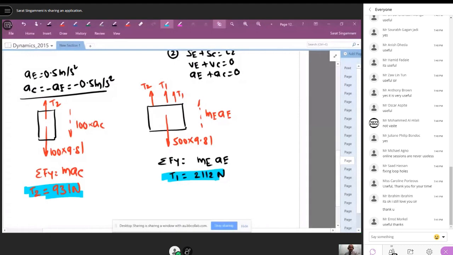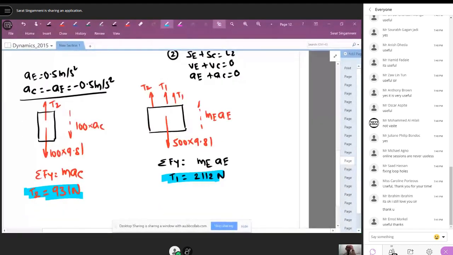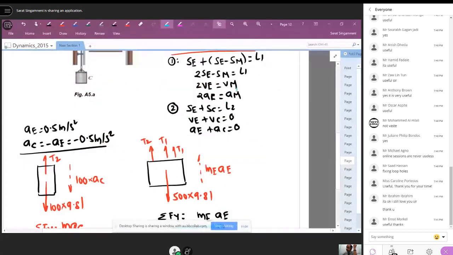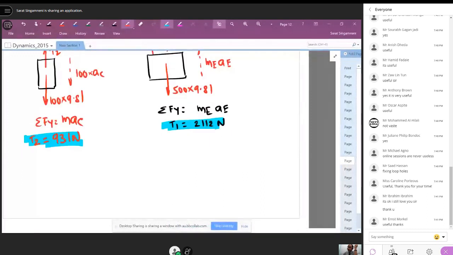And what else do we need? We already know the velocity of the elevator. But what is the velocity of m? Velocity of m is equal to 2 times velocity of e. Therefore, velocity of m equals 2 times velocity of e, equals 2 times, what is the velocity of e? It starts with one velocity and goes up to 2 meter per second.